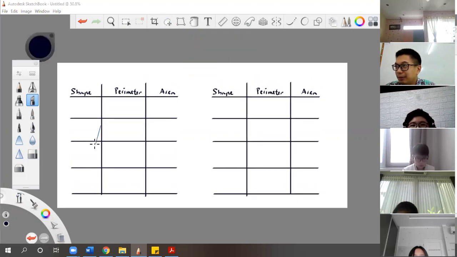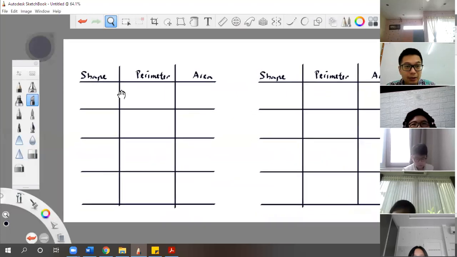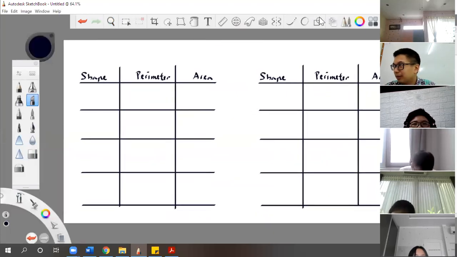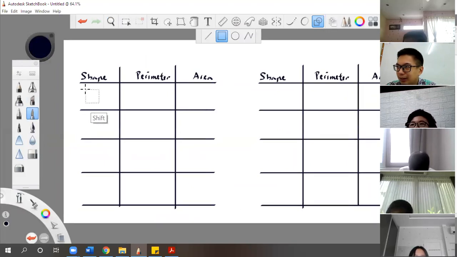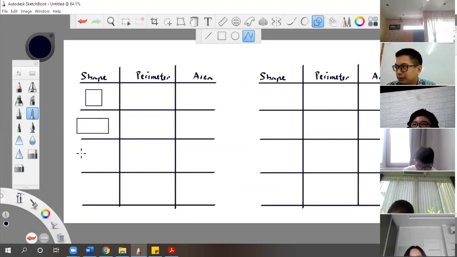So what are the shapes of 2D regular shapes or basic shapes? First thing first, the easiest one, square. Harder, rectangle. Harder one, there you go, parallelogram.